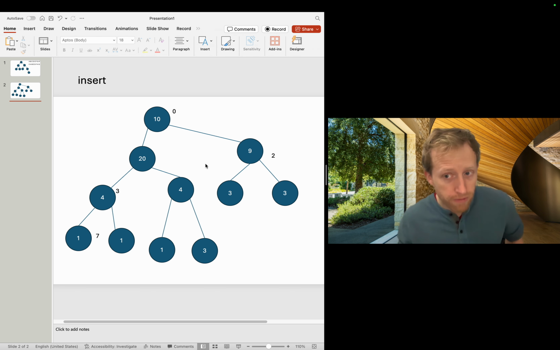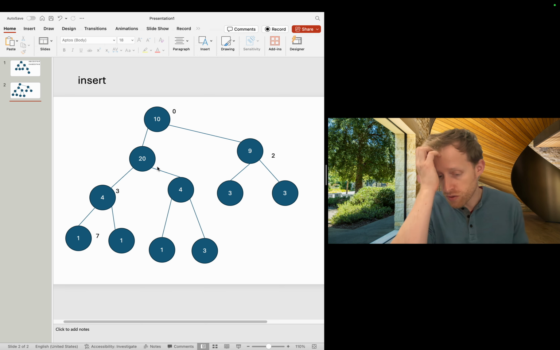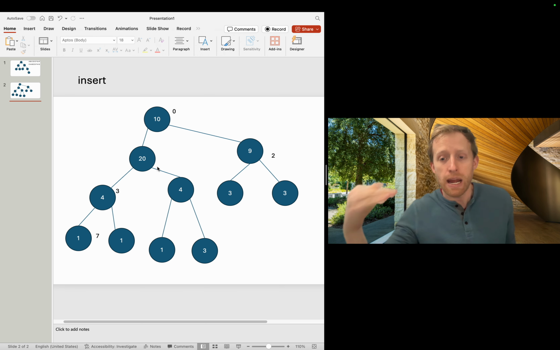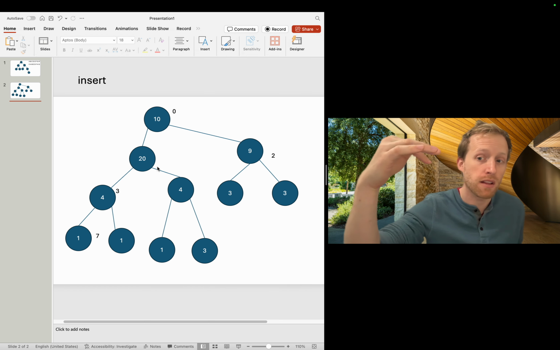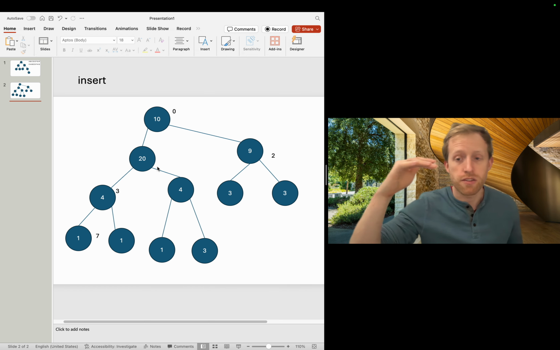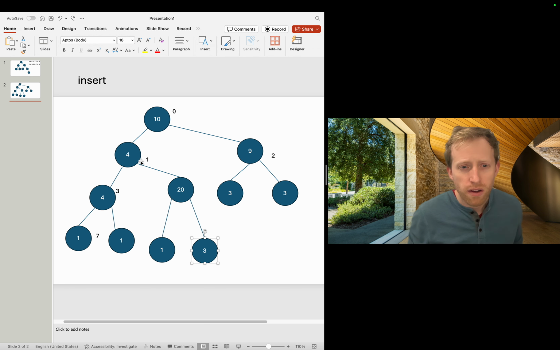Now the advantage here is when we know that each node is no larger than its parent, and we swap a larger node for the parent, the parent becomes larger. So let me put it back to where we were a second ago. We had 4 and 20 here, okay?